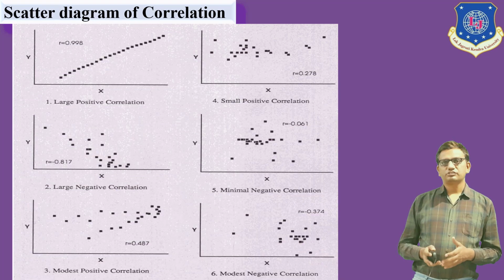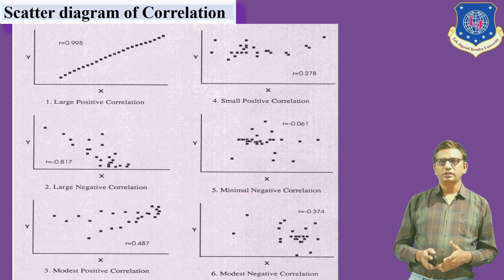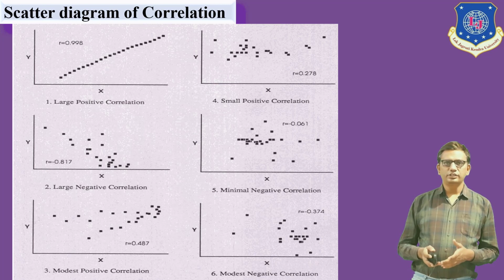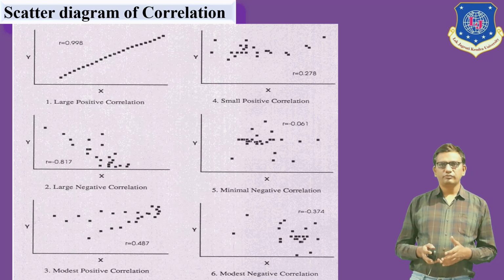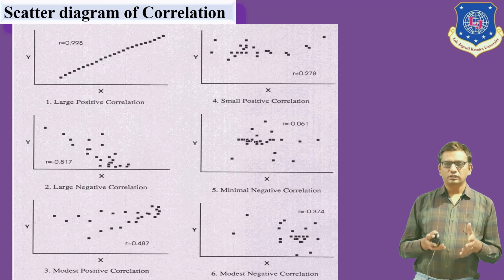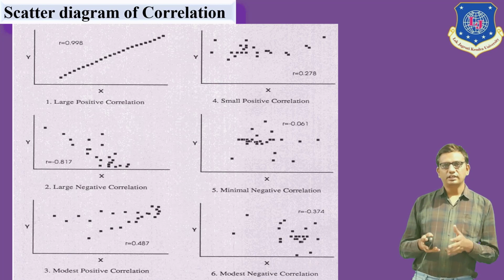Here this figure gives the proper idea of a scatter diagram. In the first figure the value of R, that means the correlation between two data, is very high and very near to 1, so it is a positive correlation. In the second figure our value is strictly negative, so it is a negative correlation.